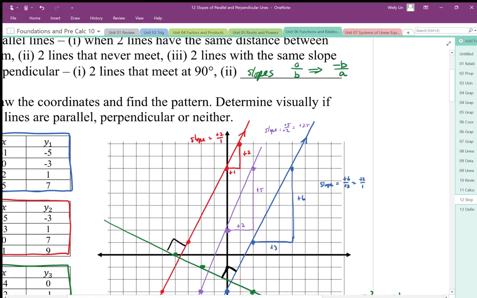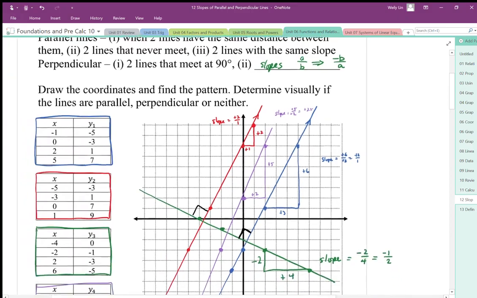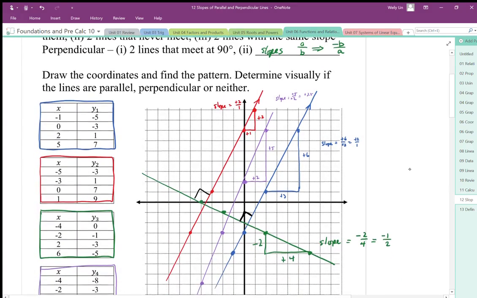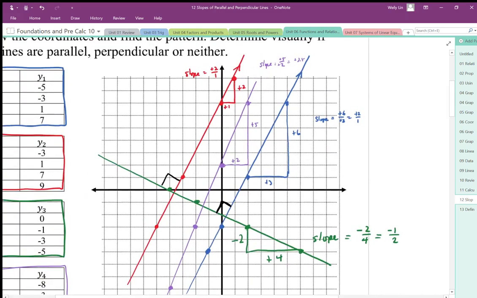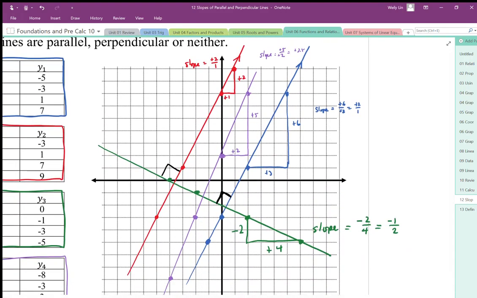It looks like the vertical becomes horizontal and the horizontal becomes vertical, and some negatives are falling in there somehow. Okay, and this is actually a property of 90 degrees in the coordinate plane. The vertical part of the triangle shifts to the horizontal, and the horizontal shifts to the vertical. So x's and y's switch, but it's not just a switch. They're also going from positive slope to negative slope.